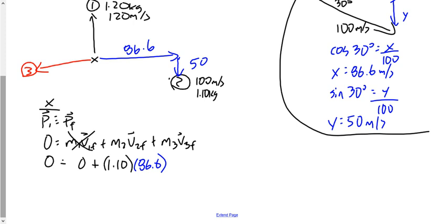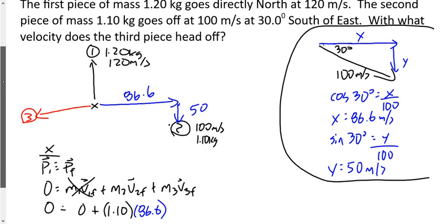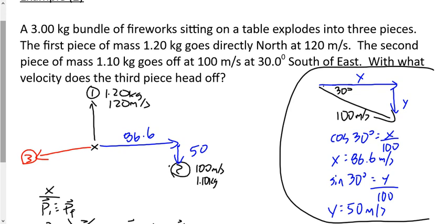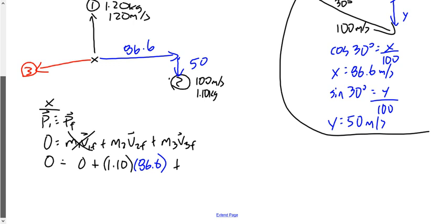M3, oh, we don't know what M3 is. The total mass was 3 kilograms. 1.2 went one way, 1.1 went the other way. What's left? 0.7.